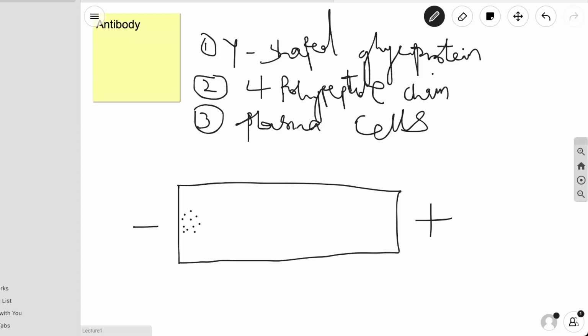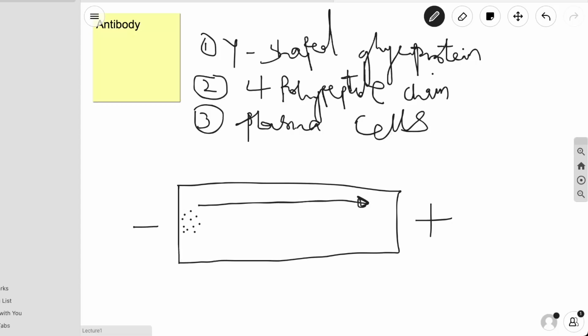You see that they tend to move towards this positive side. The movement from the negative to the positive side is known as electrophoresis.